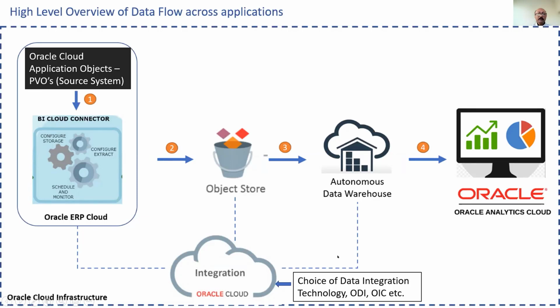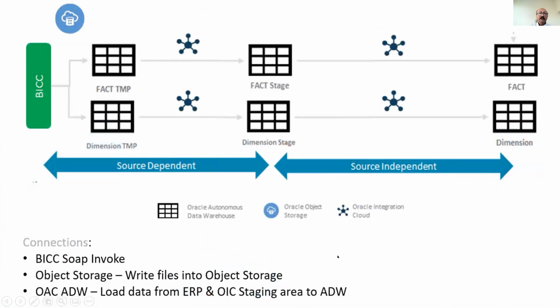So those are some options available. And this is a logical way of bringing data from cloud application, keeping the source dependent part separate from the source independent part, which is a good practice we have seen in BI applications as well. And the same thing you can do by bringing the data, loading it into temp, then transforming it into stage, and then loading your facts and dimensions.